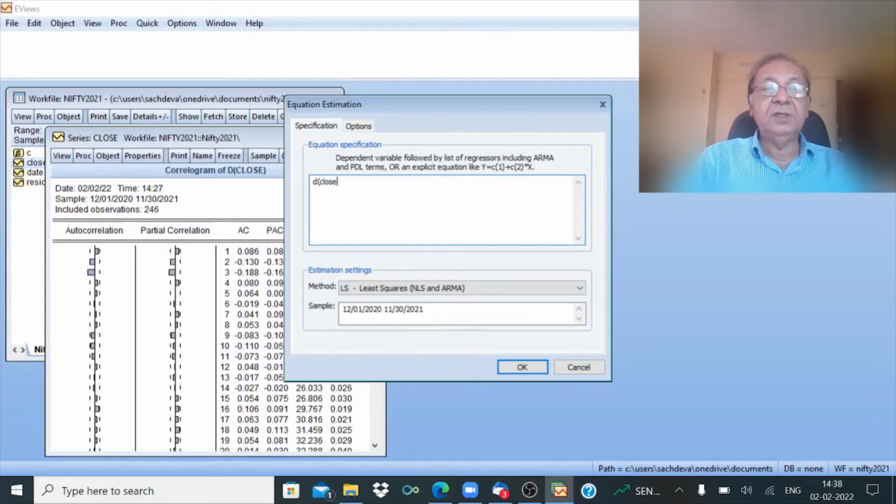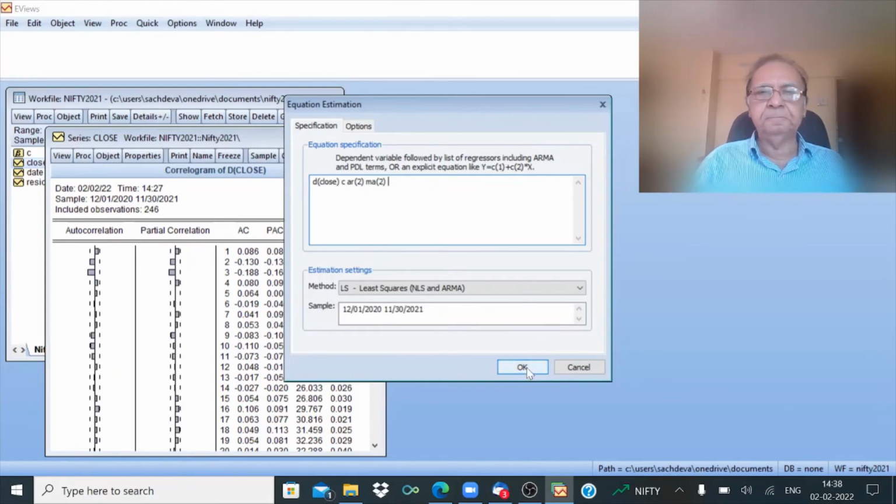So D close C, AR2 and MA2. So we are going to use this as our model. Our model will be ARIMA 212. Let us regress it.